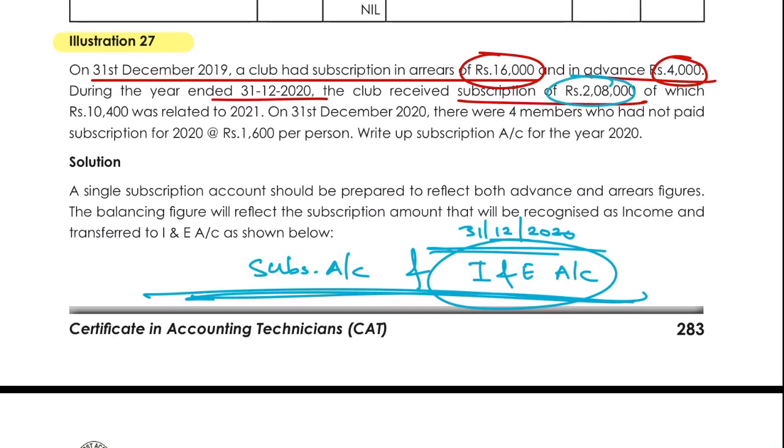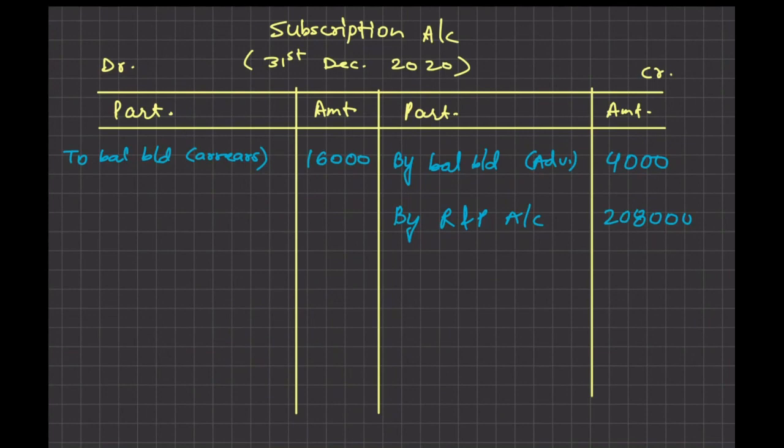Out of this 2,08,000, 10,400 was related to 2021. So this is an advance. So this will go to balance carried down, and this will be advance for 2021, which is 10,400. I have written that.